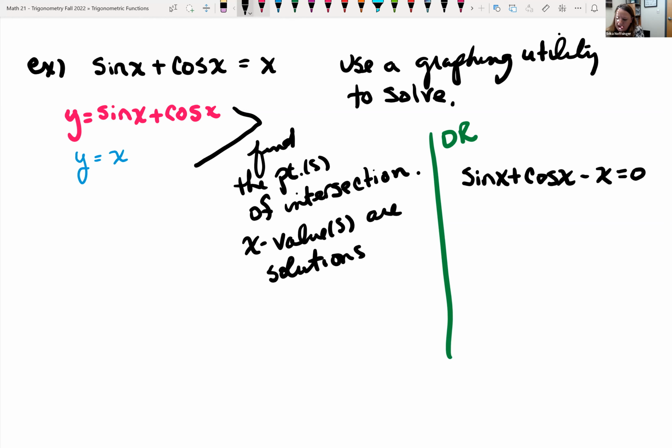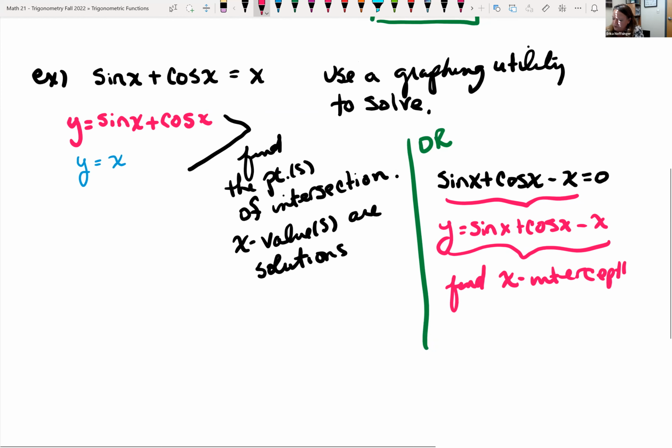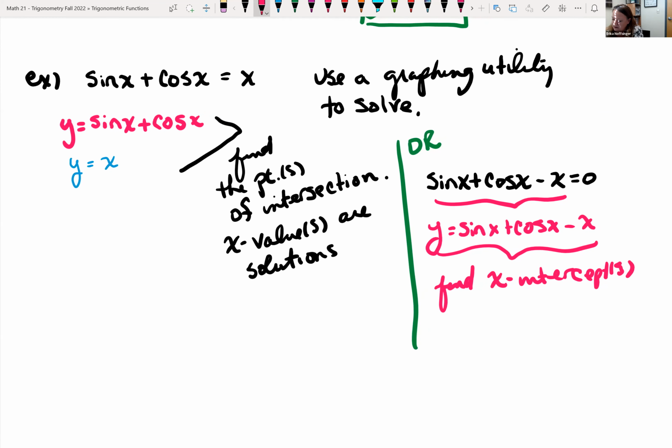So we could graph the one side, y equals sine x plus cosine x minus x, and find the zeros, or the x-intercepts, as another way to say zeros. And so either way, we'll get the solution. So let's pull up the calculator.